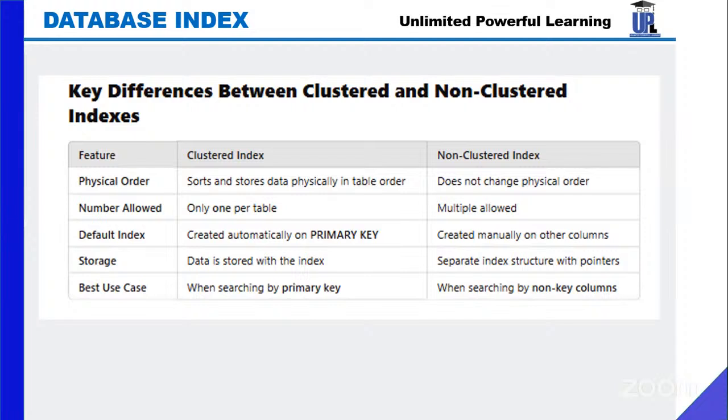Now assume I need to access the fifth record, so assume the primary key is 5. We maintain an additional table, called the clustered index table. For 5, the physical position where the record resides, that address will be there. Because of that, I can access it directly instead of searching for the record.